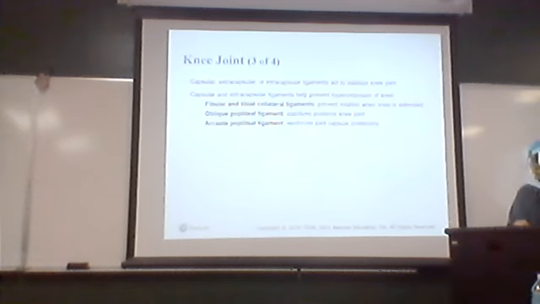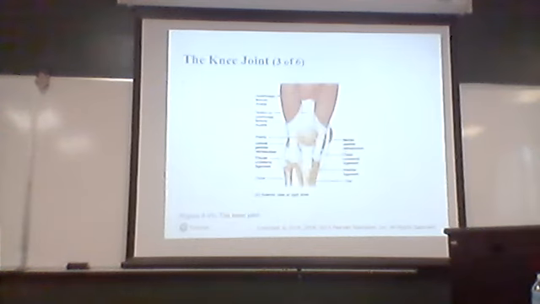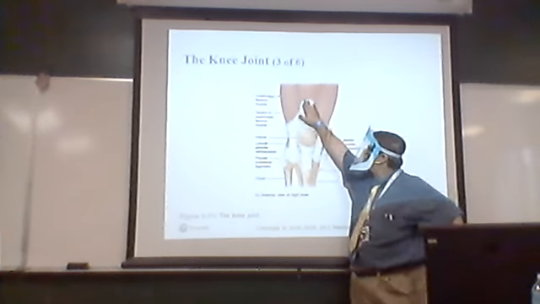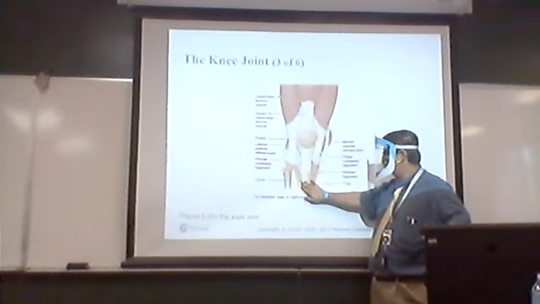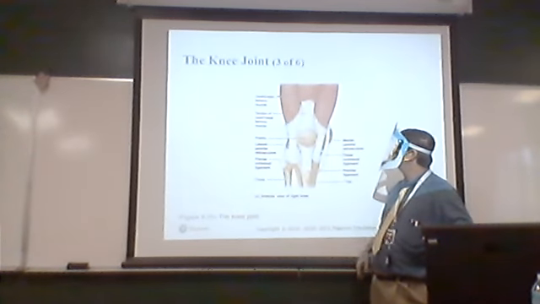So we have ligaments that are part of the capsule and ligaments that are not. What's the difference between a tendon and a ligament? Don't remember? Tendons tie muscles to bone, ligaments link bones together. This is the same connective tissue coming out of the muscle going all the way down and inserting on the tibia.